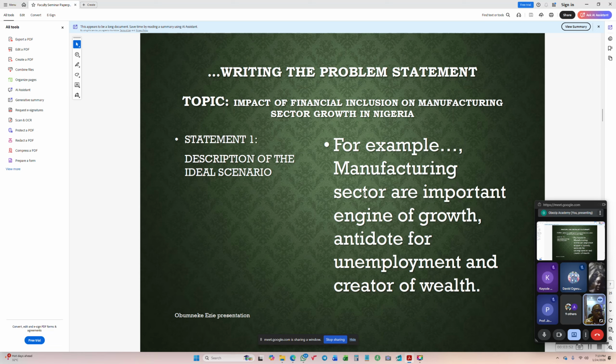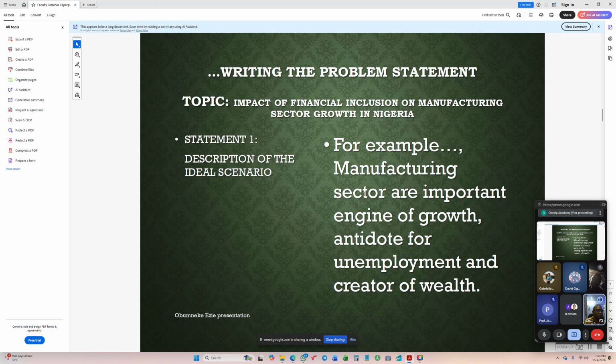The dependent variable is the outcome variable, while the independent variable is what influences it. In this topic, the dependent variable is manufacturing sector growth, while the independent variable is financial inclusion. So we shall be looking for a problem centering on manufacturing sector growth.